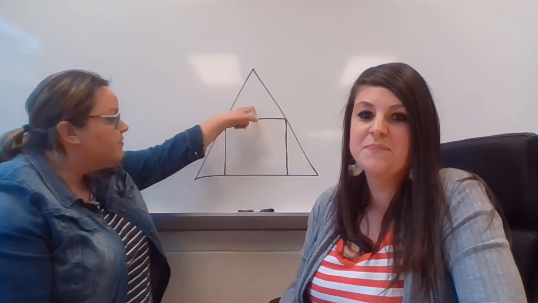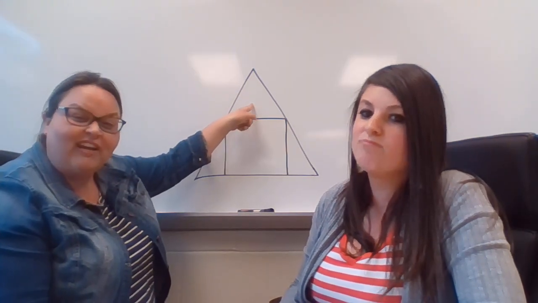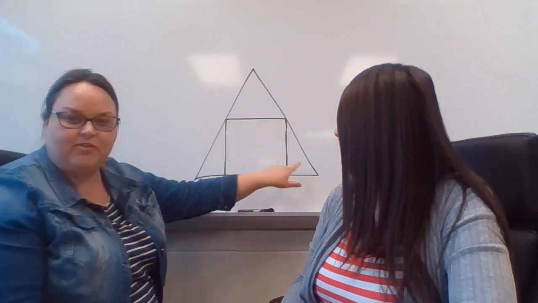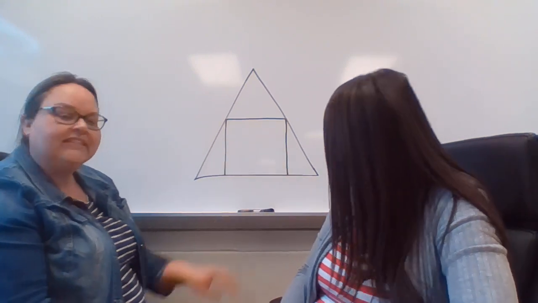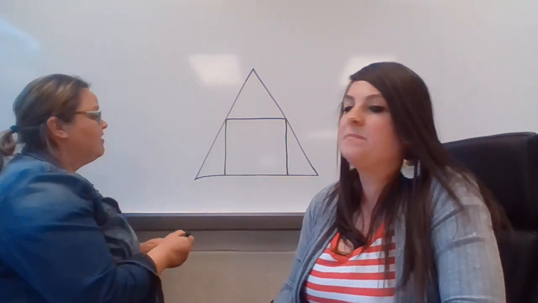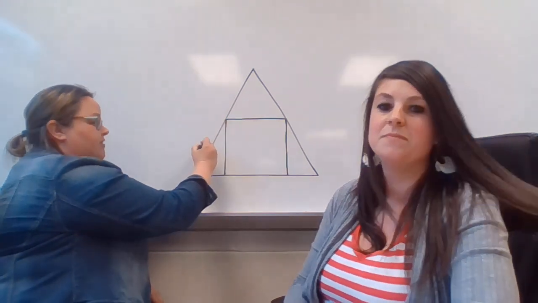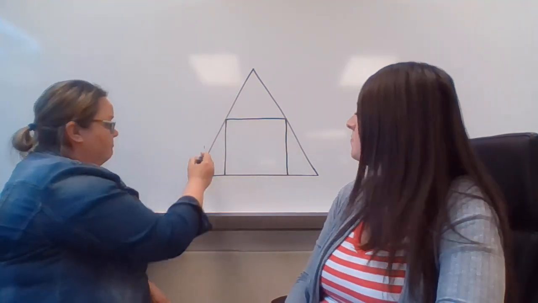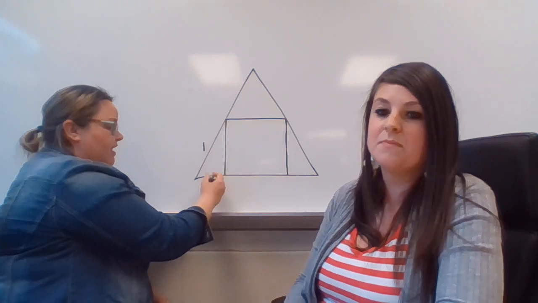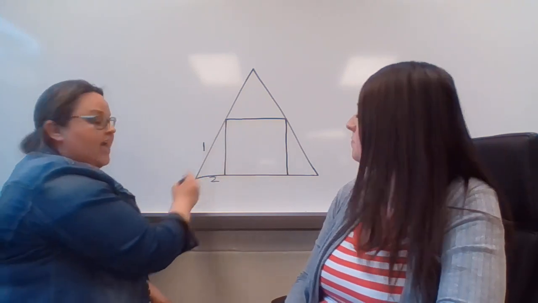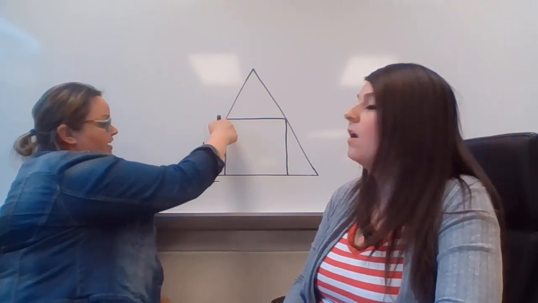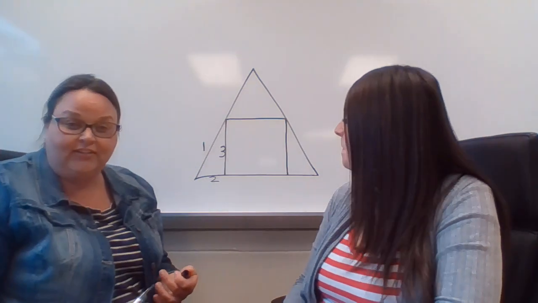Let's look. We agree that this all is a triangle, right? But what about these shapes right here? Let's see if they have three sides. This right here is one side. This is another side. And this is another side. Is that a triangle? Yeah.